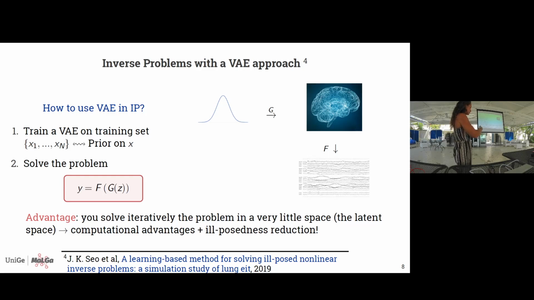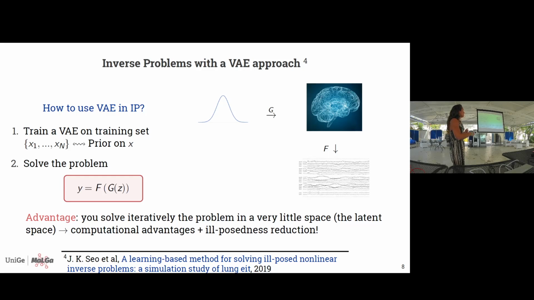The advantage of solving this problem in this way is a computational advantage, because x belongs to a very large space, while z belongs to a very little space. And moreover, there is the ill-posedness reduction of the inverse problem, y equal to f of x.